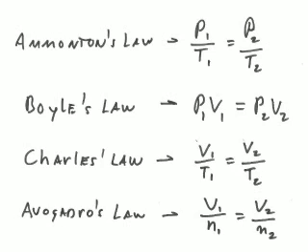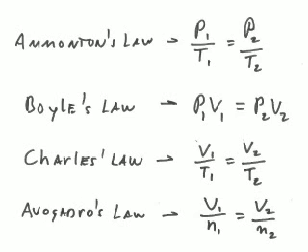Now we can rearrange our gas laws into their problem-solving form. Ahmed's law: the original pressure divided by the original temperature equals the final pressure divided by the final temperature, but those temperatures have to be Kelvin. Boyle's law says the original pressure times the original volume has to equal the final pressure times the final volume.